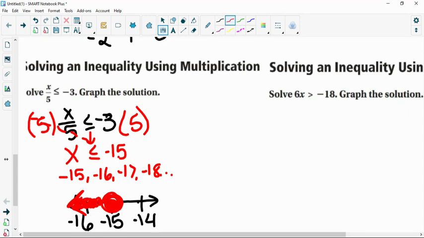One more example before giving you a few to try. 6 times x is greater than -18. So, since it's multiplication, we divide by 6 on each side.